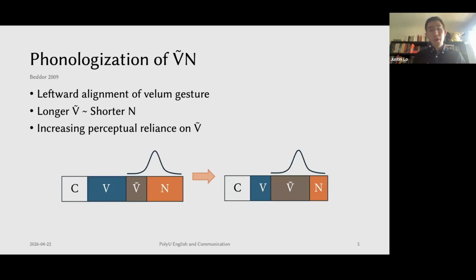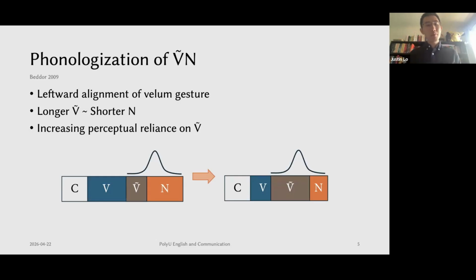And so what you end up with is the velum lowering gesture shifting more into the vowel. In that case we have longer co-articulation, longer nasalization, and a shorter nasal consonant. So it's kind of like a time shift effect.